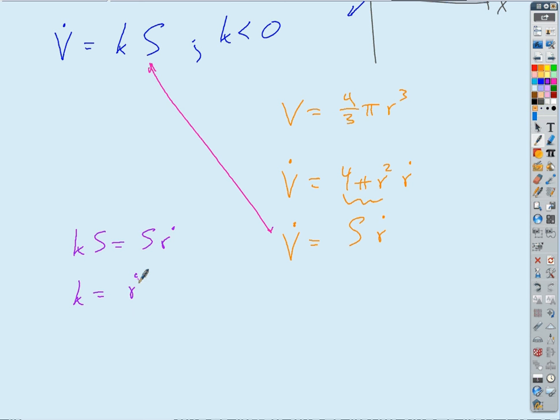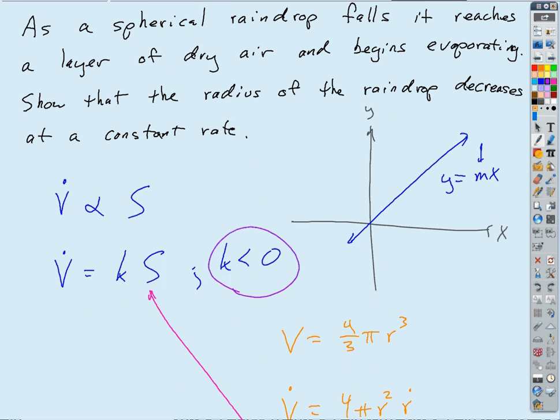K equals r dot, where we define K as being some negative constant. So what's that telling us? That r dot is equal to some negative constant. Isn't that what we want to prove? We just showed that the radius of the raindrop is decreasing at a constant rate.